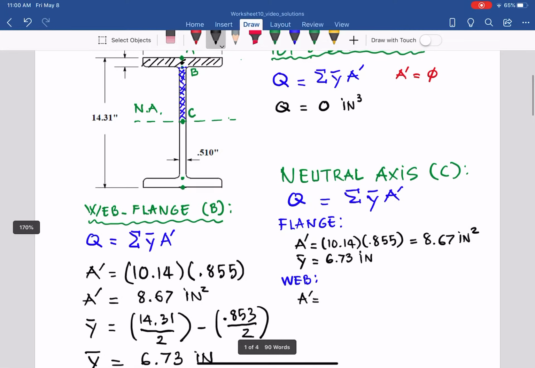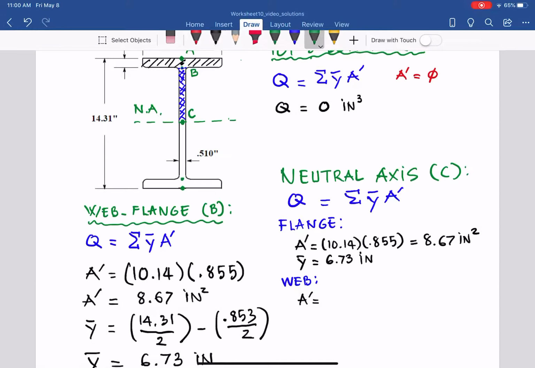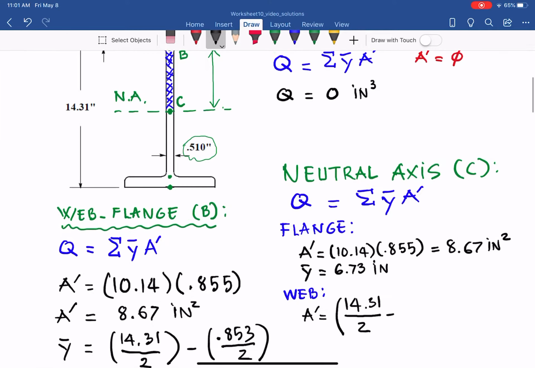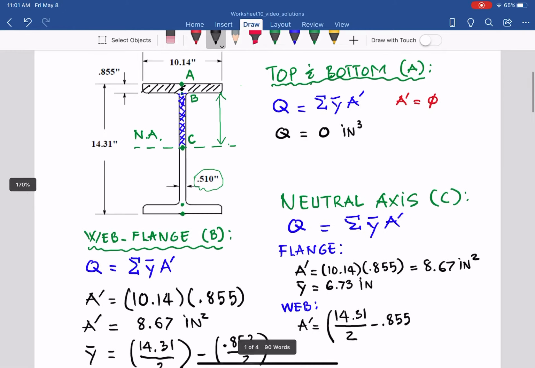So how can we find out the web area? It equals this length times the thickness, and you can see there. So that length equals what? Write down. It equals half of the height of the beam. So 14.31 divided by 2 minus the thickness of the flange, minus 0.855, and you can see the thickness of the flange.